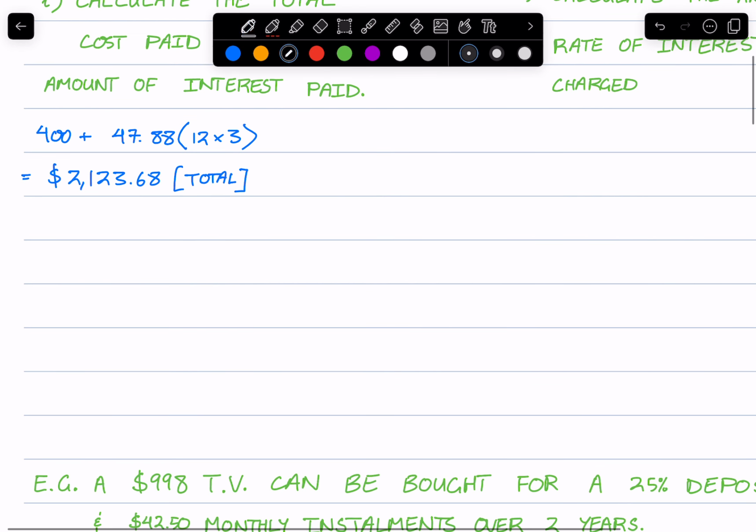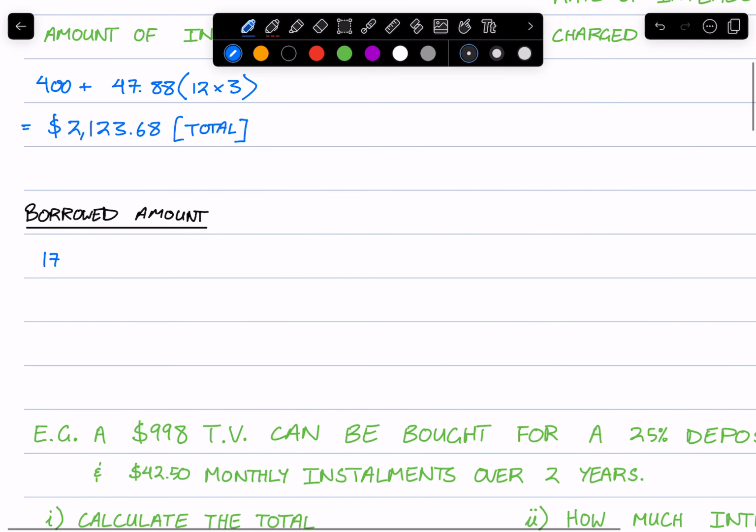So this is a concept that we need to understand. The borrowed amount is not the original price, but it's the original price, 1750, minus the deposit. This gives us 1350.